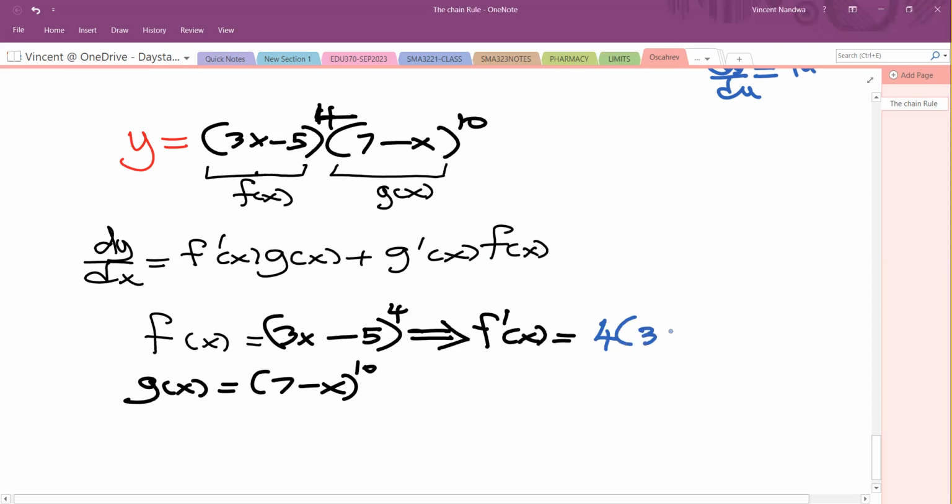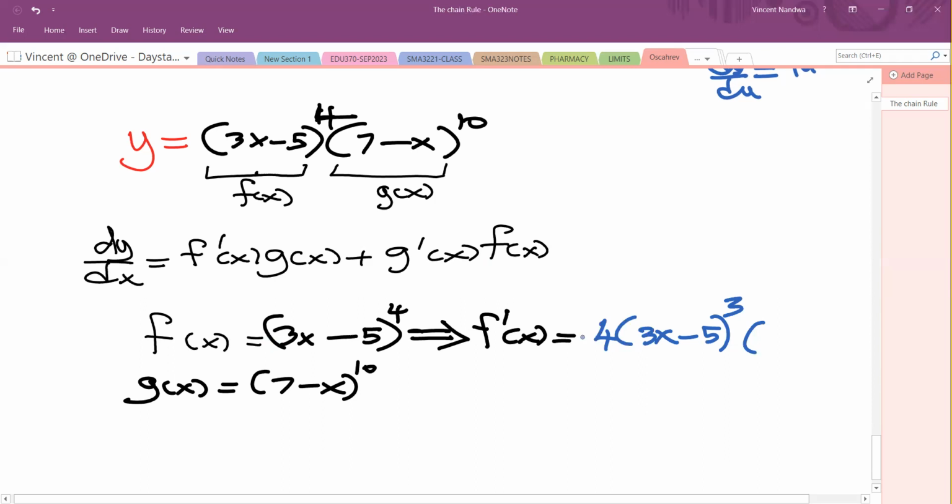4 into (3x minus 5), then the power reduces by 1, and then you differentiate inside. Okay, sorry, you are ahead. When I wanted you to tell me the inside function before the final expansion, you had already done the last step.